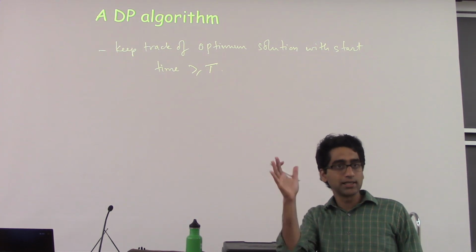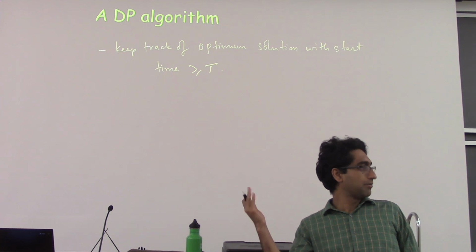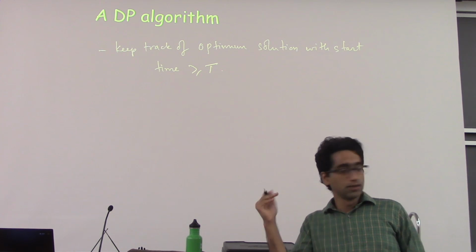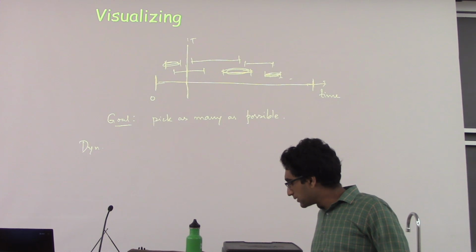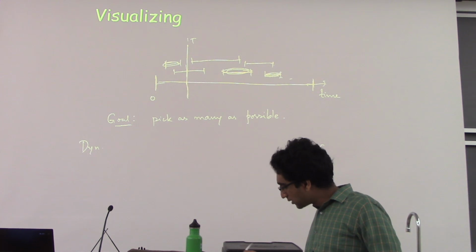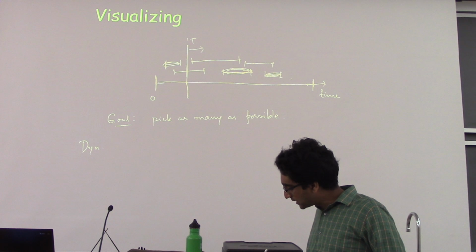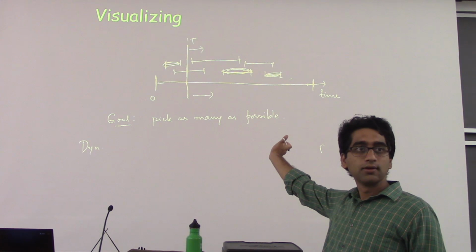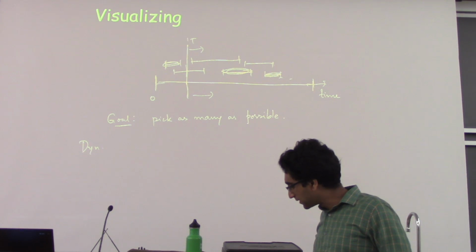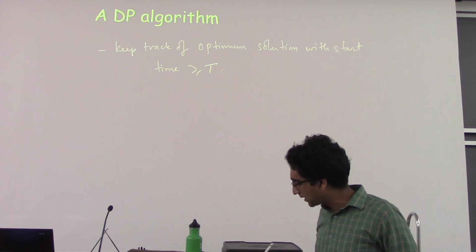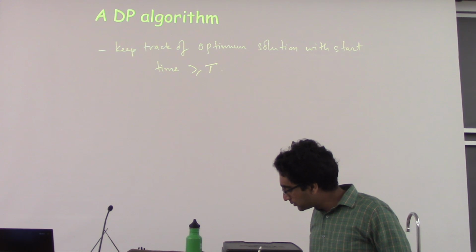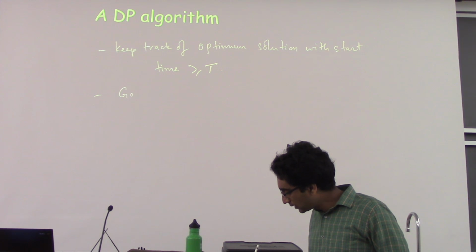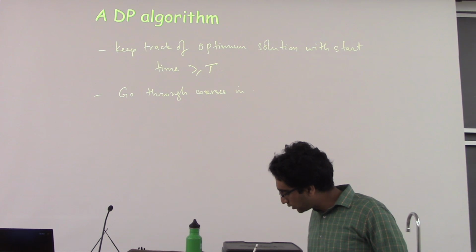For any parameter t, you can think of starting time bigger than or equal to t. Now you can ask what the optimal solution is if I restrict you to start after this t. If you solve this, then you can come up with this algorithm where you go through courses in increasing order of start time.